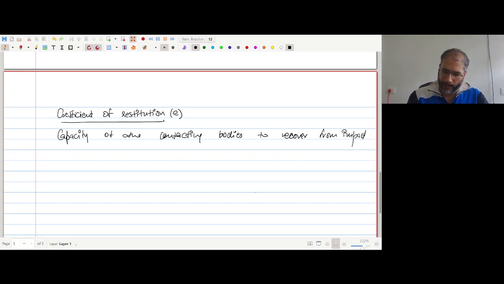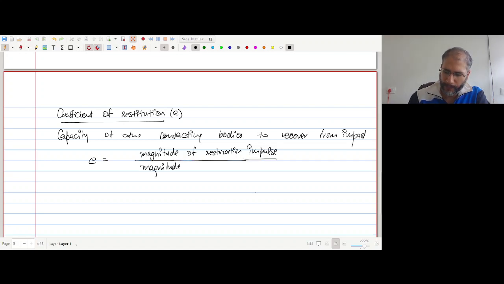So we define it as the ratio of the magnitude of restoration impulse to the magnitude of deformation impulse.